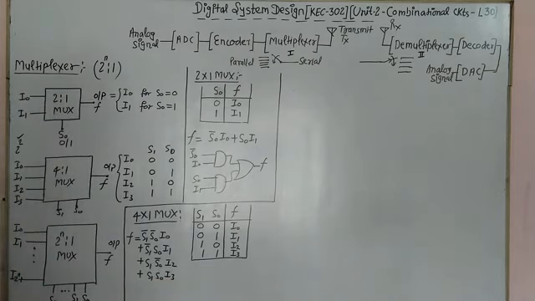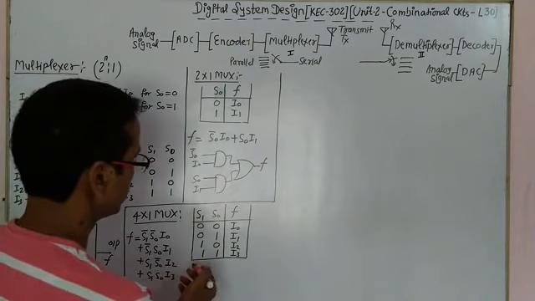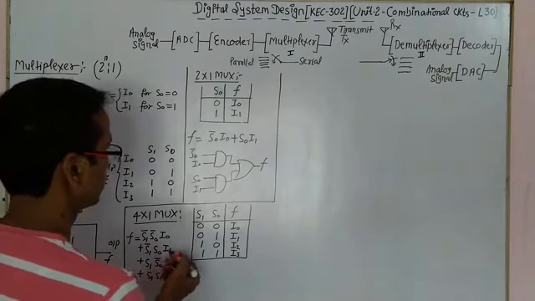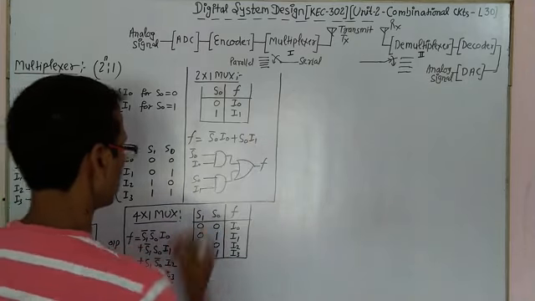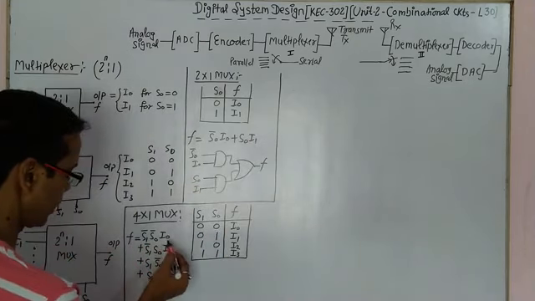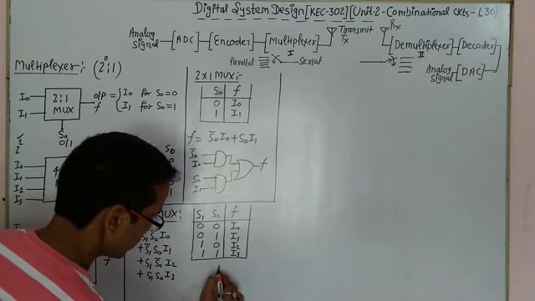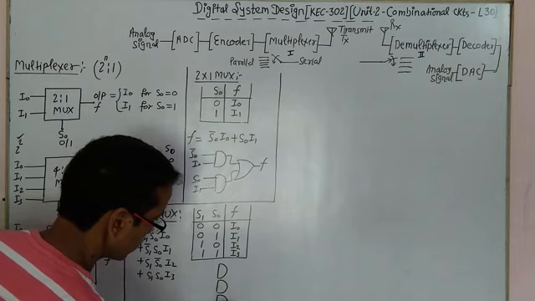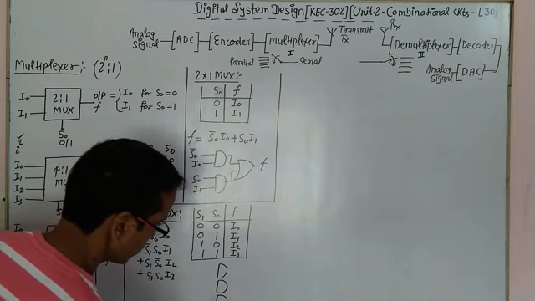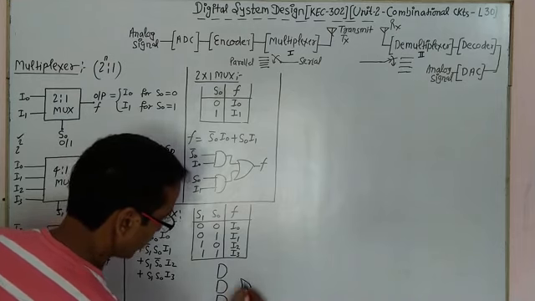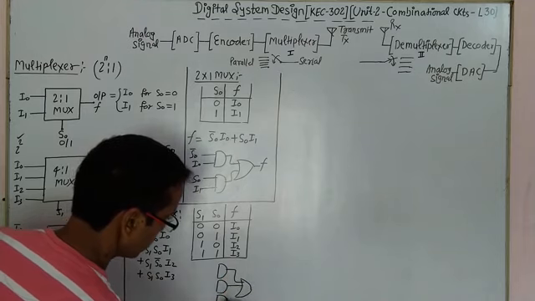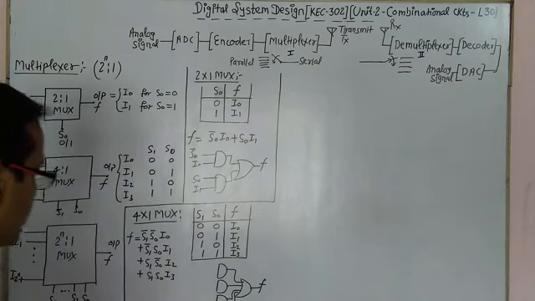So this is the function. Also, we can implement it similar to this 2x1. Here we have 4 AND gates and 1 OR gate. This is the function F.